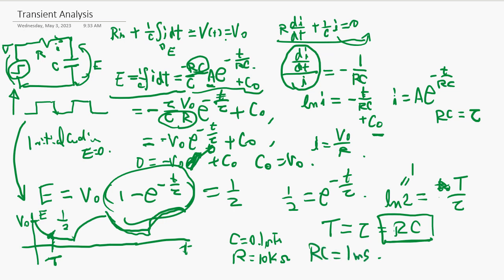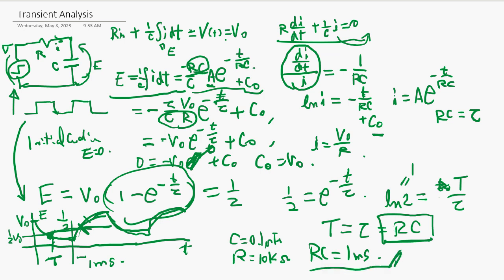So when you apply a step function, within 1 millisecond the voltage changes by half level, to the half V0 point. This is 1 millisecond. We will demonstrate that in the hands-on electronics later.